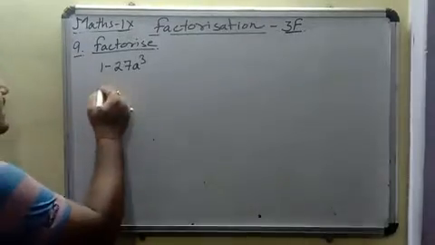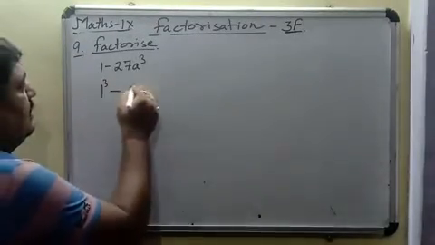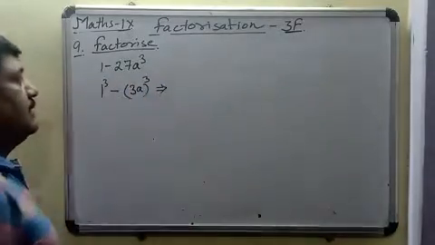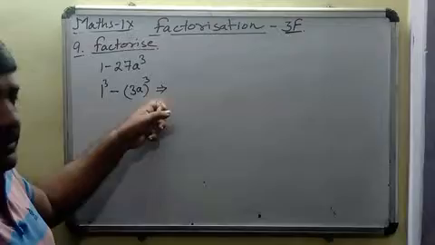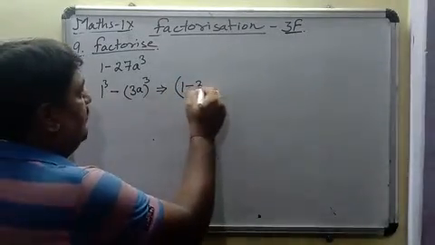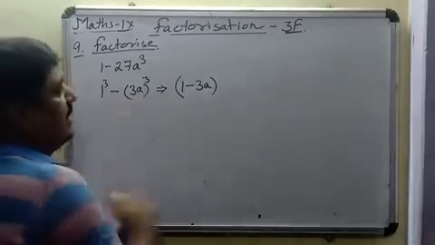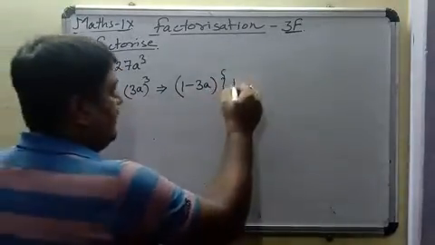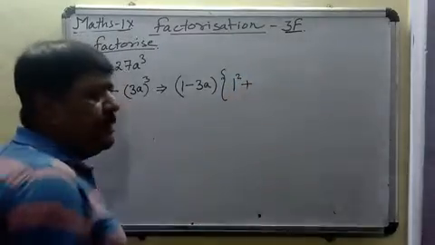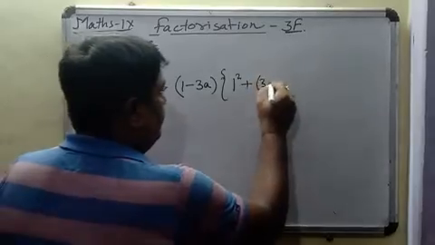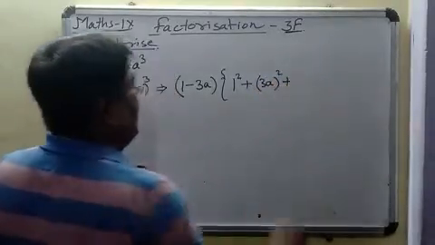So we can say that it is 1 cube minus 3a whole cube, which gives us a cube minus b cube, which will give us a minus b in the first bracket. A minus b means 1 minus 3a in the first bracket. In the second bracket, we will have a square, that means 1 square, plus b square, that means 3a whole square, plus ab.